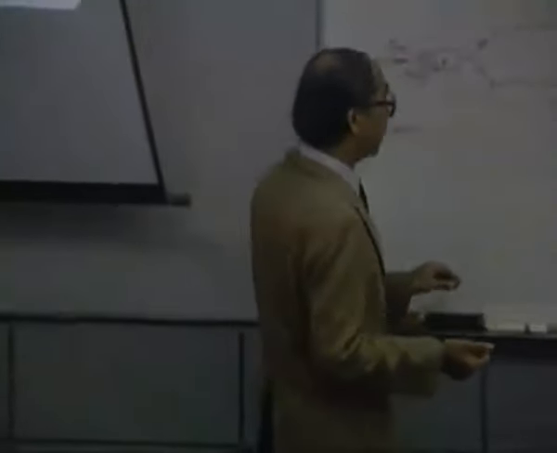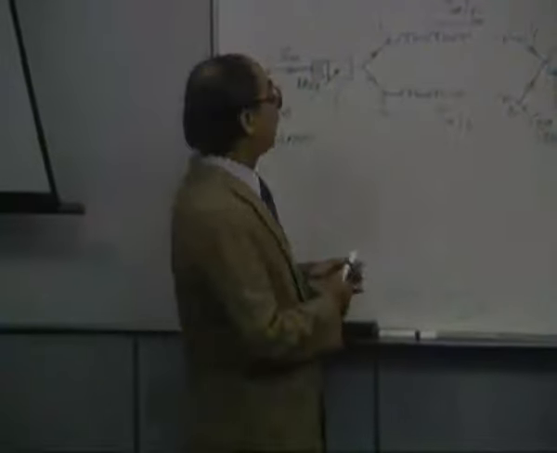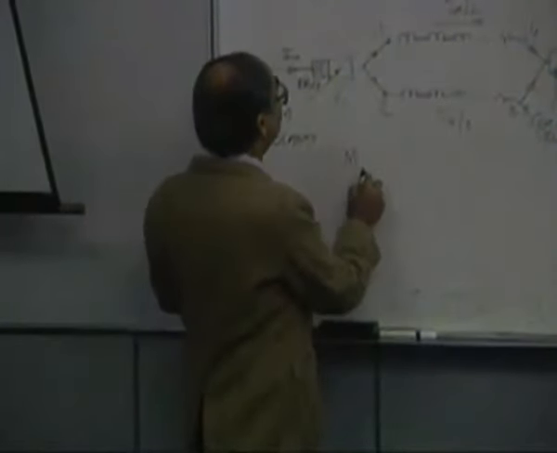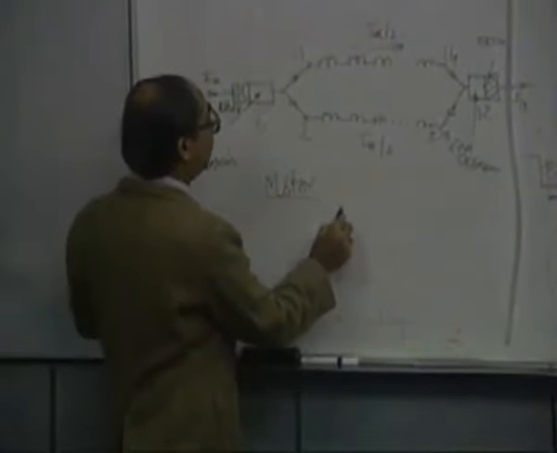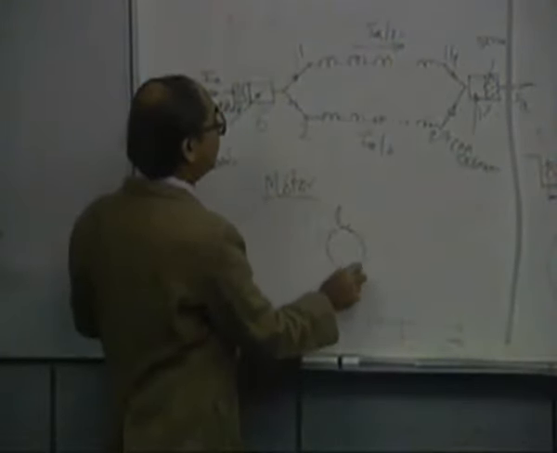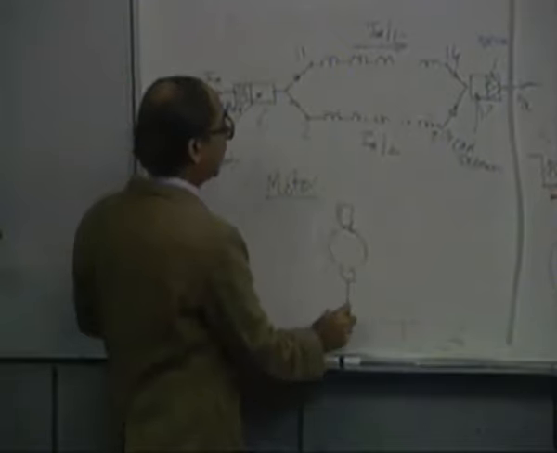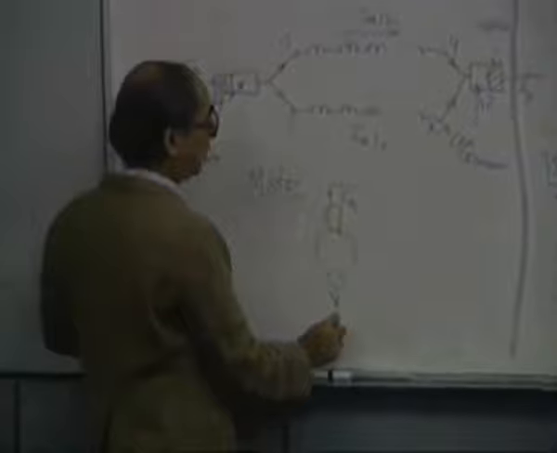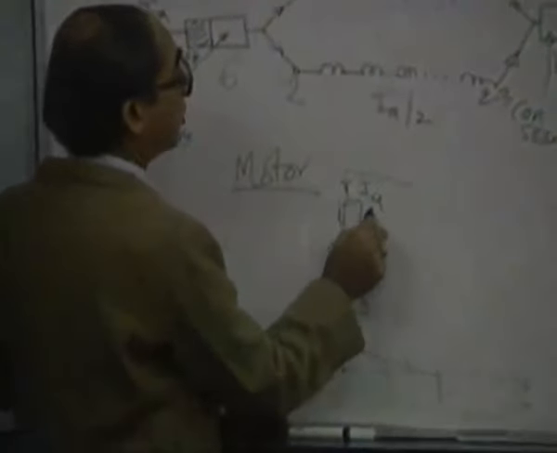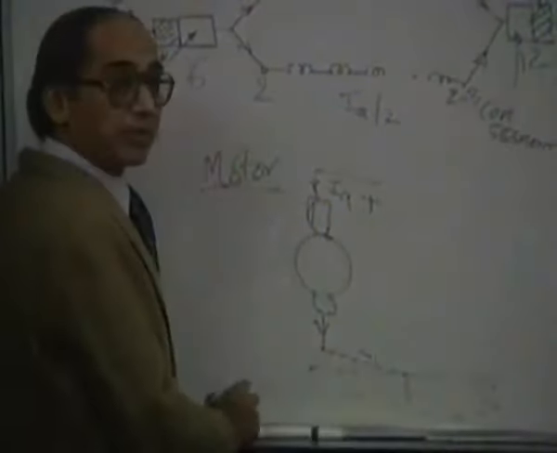And we must also realize that if it is a motor, you will observe that the brush through which the current is entering and the brush through which it is leaving, you call these the positive and negative terminals.